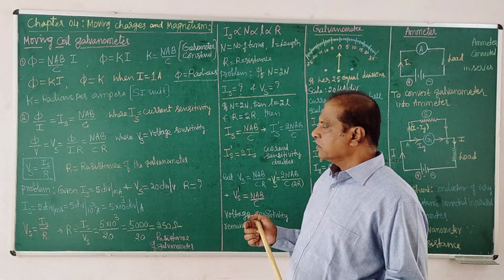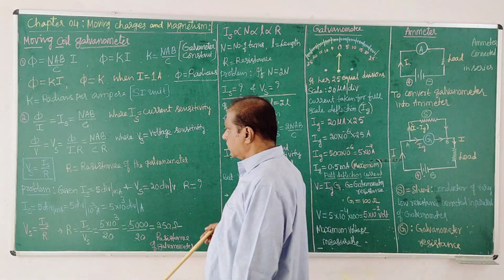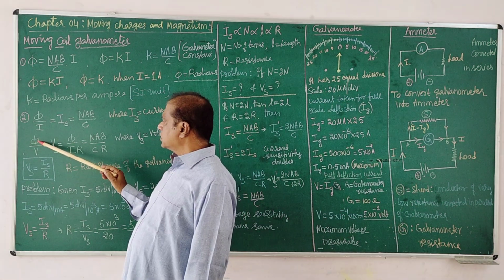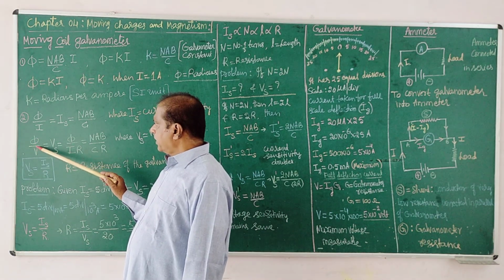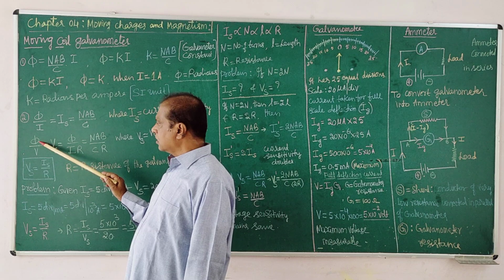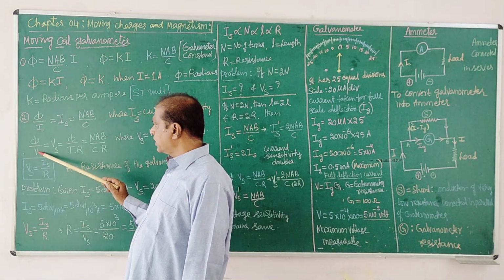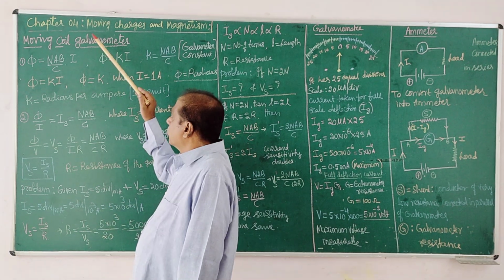Similarly, we can define the voltage sensitivity. Phi divided by V, this ratio, that is the deflection by this voltage, is called the voltage sensitivity of the galvanometer.